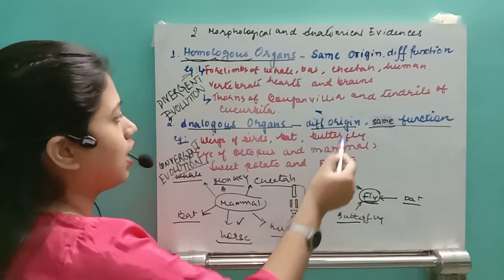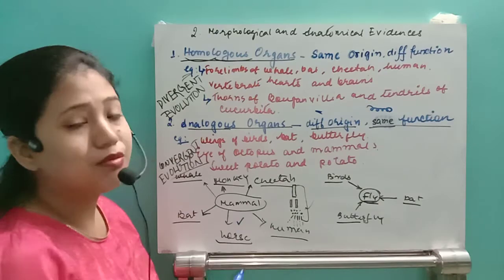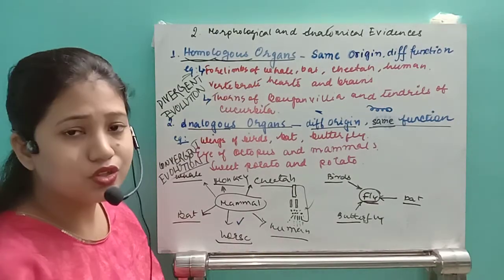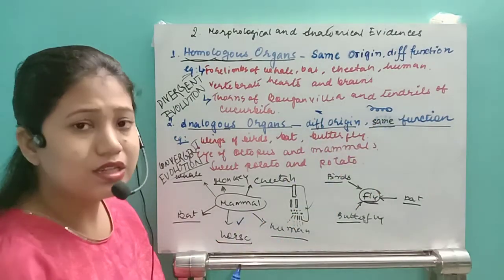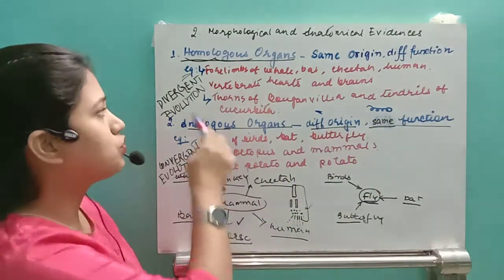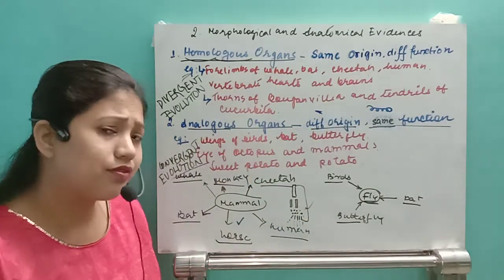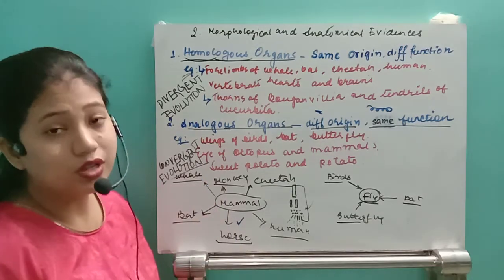The thorns and the tendrils have the same origin from the stem itself, but they perform different functions. Thorns to protect and the tendrils to get support. So these organs have the same origin but perform different functions. This is called homologous organs.